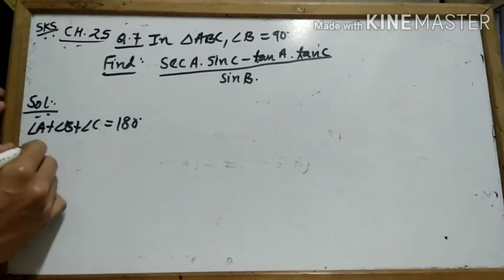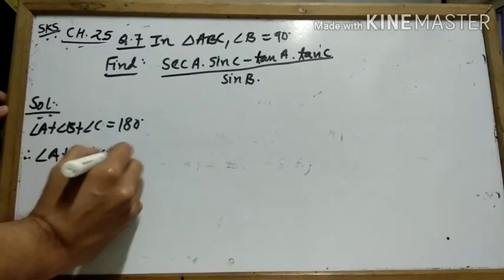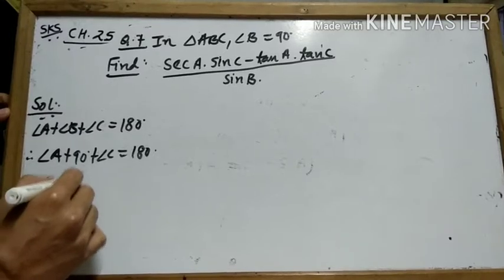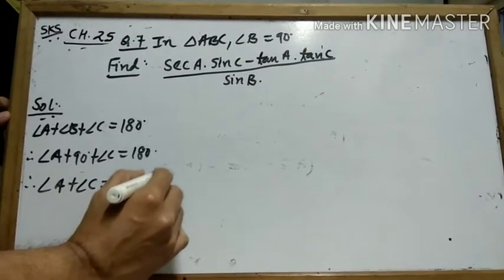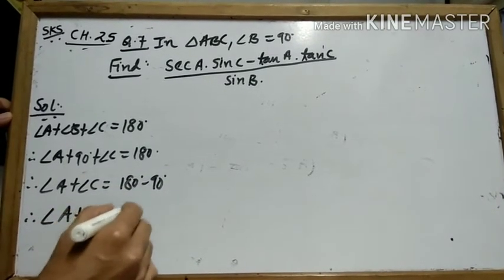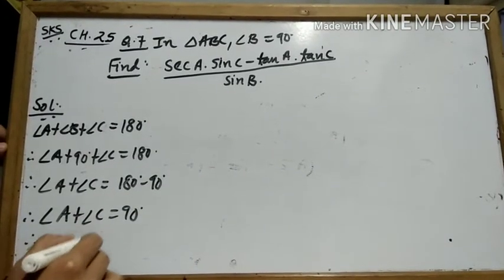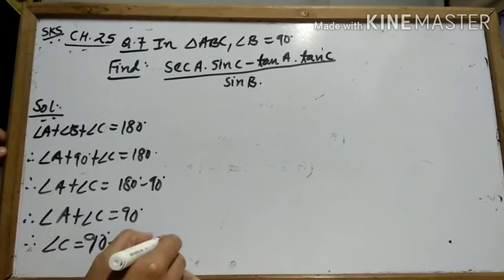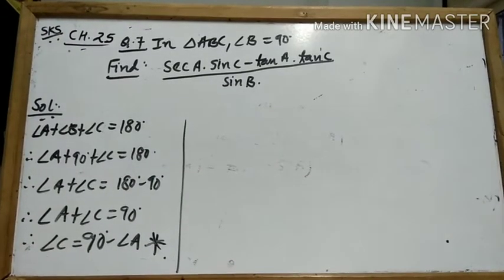Out of that, angle B is known to us as 90, so angle A plus 90 degree plus angle C is equal to 180 degree. Therefore, angle A plus angle C is equal to 180 minus 90 degree. Therefore, I will be able to say angle A plus angle C is equal to 90 degree. I am keeping C on the other side. C is equal to 90 minus angle A. This is a very important result. Why it is important, that we shall see.